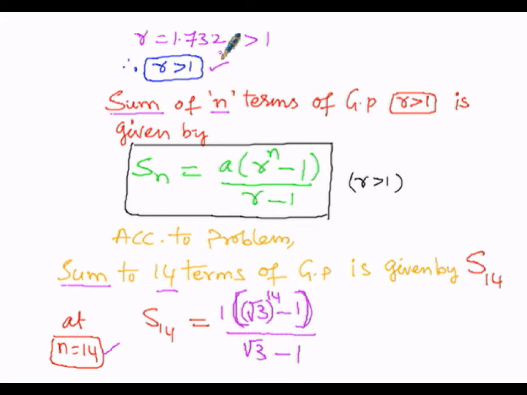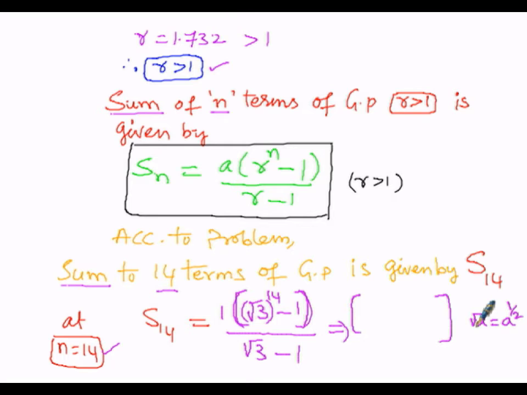Then the next logical step: 1 into this bracket will be the same bracket, and within this square bracket there is root 3. Based upon this formula, root A can be written as A to the power of 1 by 2. When the square root is cancelled, we write the exponent as A to the power of 1 by 2. When it is the nth root of A, we would write A to the power of 1 by n.